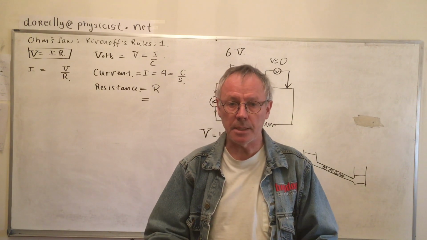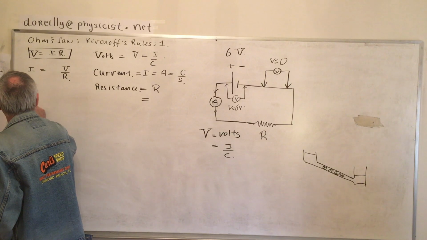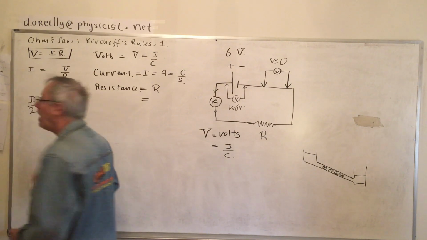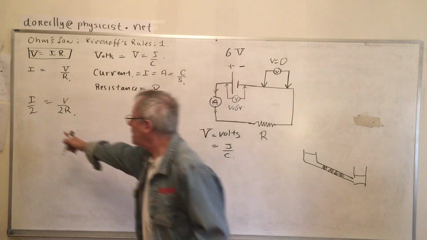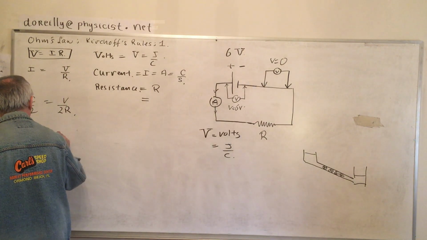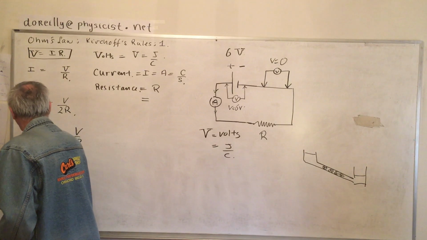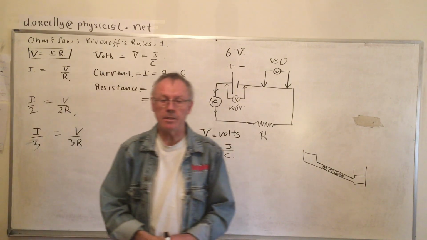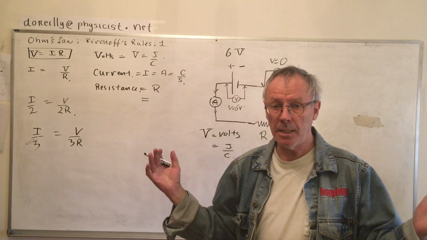If you double the resistance, you have half the current. Three times the resistance, you get 1/3 of the current from the same battery. Doesn't that make sense? Yeah.